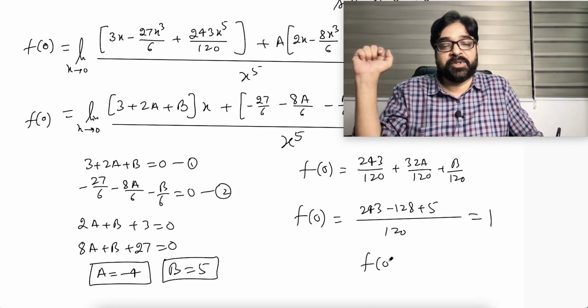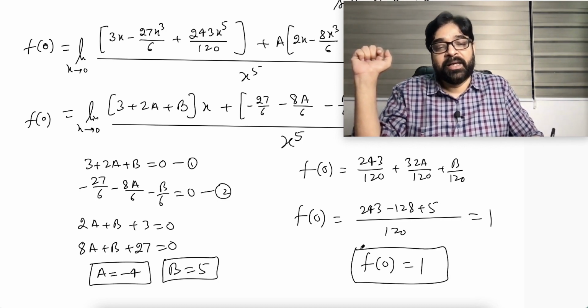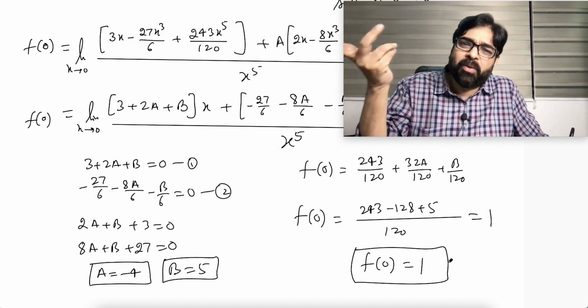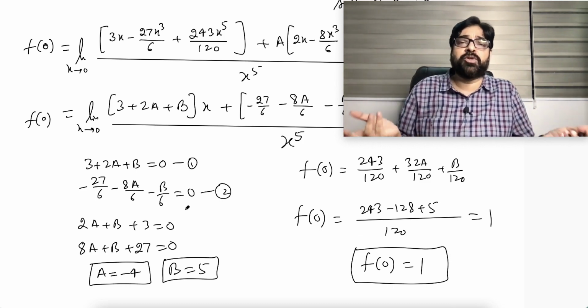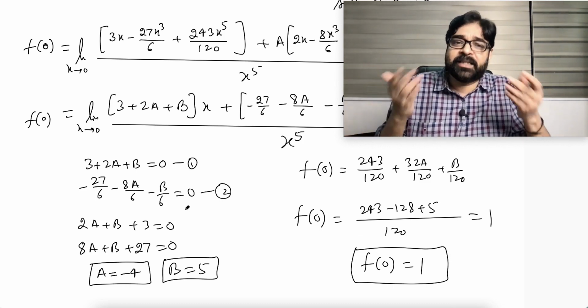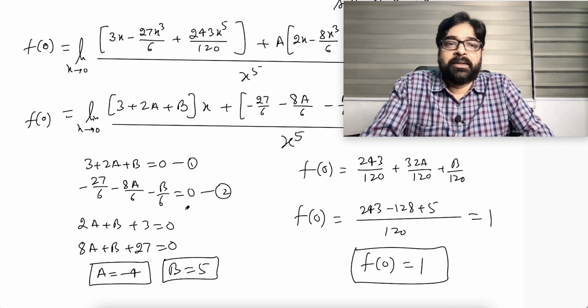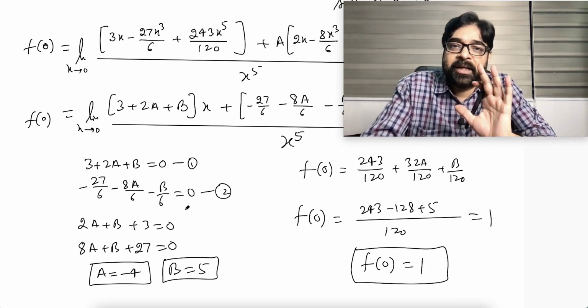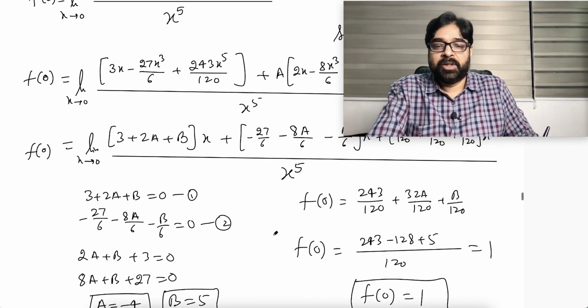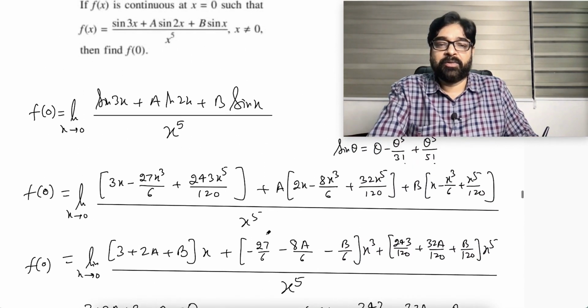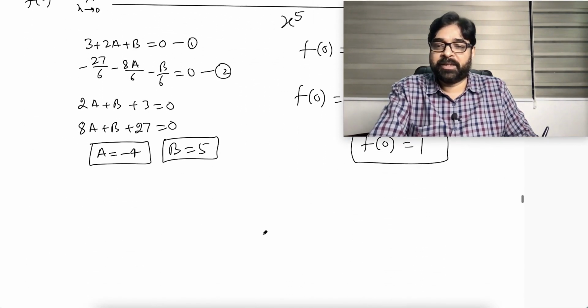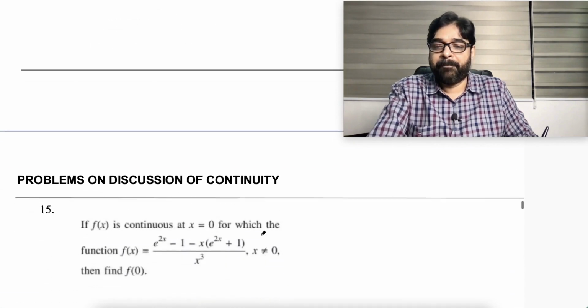Means the answer is f(0) equal to 1. Remember, is it a continuity question? No, the continuity rule is this much only, that f(0) should be finite. Basically, it's a limit question. Am I right? Have you understood? If anybody wants to write it down, they can scroll back, rewind and pause it. Next question.